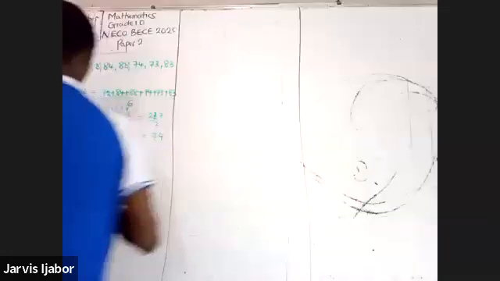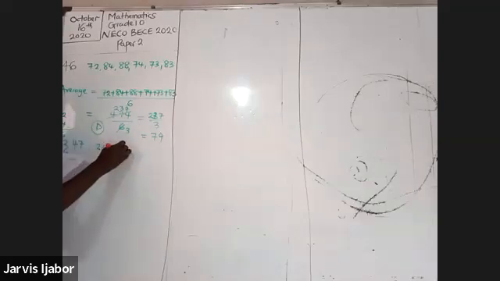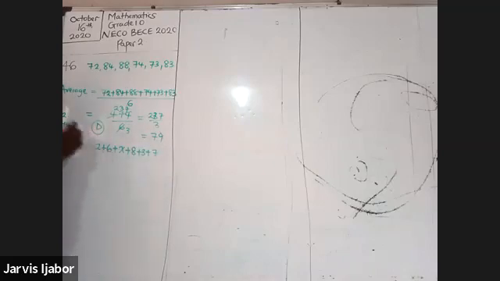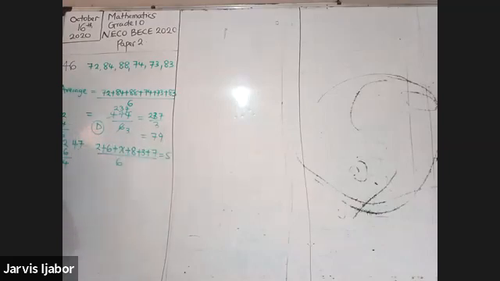How do we do that? The numbers here plus x plus 8 plus 3 plus 7, divided by how many? 1, 2, 3, 4, 5, 6, will give me 5.